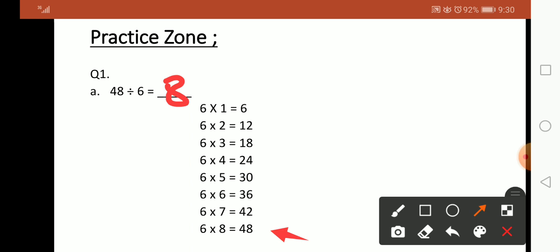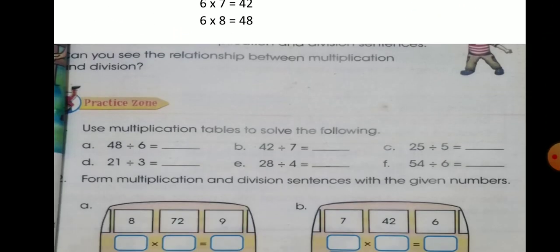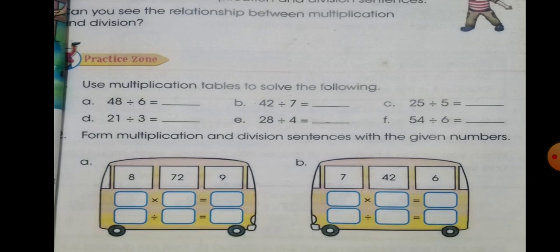That is why we write 8 in our answer. So I just solved question number 1 part A. The other parts are your homework. Parts B, C, D, E and F are your homework.